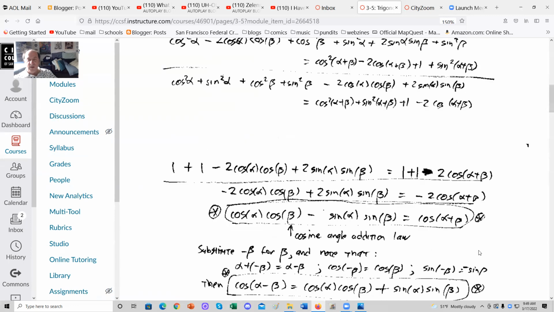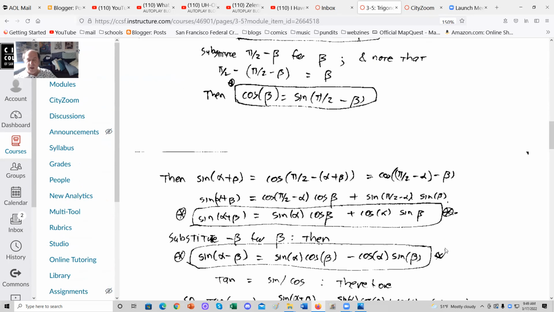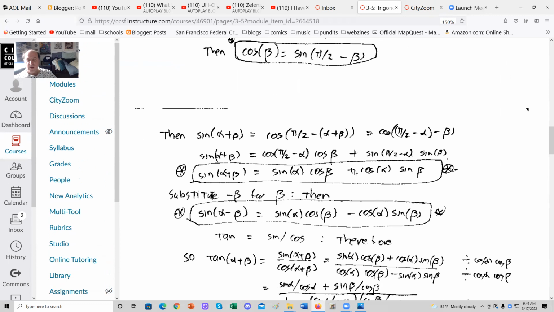So we now have several rules. Cosine of a sum is cos cos minus sine sine. Cosine of a difference is cos cos plus sine sine. Sine of a sum is sine cosine plus cosine sine. Sine of a difference is sine cosine minus cosine sine.